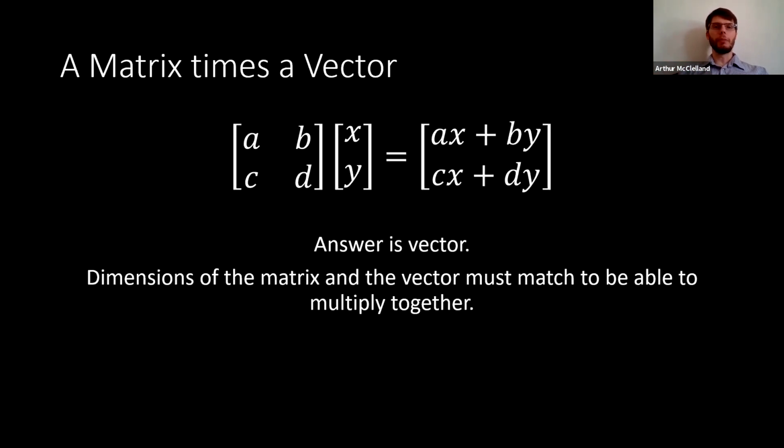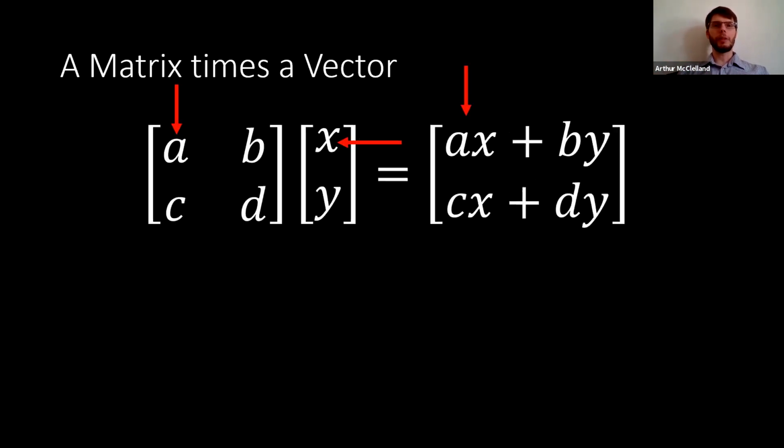So the process for multiplying a matrix times a vector is we multiply the first two elements together. So A times X becomes AX. And then we add the next two elements, B times Y. So AX plus BY is our first element in our resulting vector. And then we move to the next line.